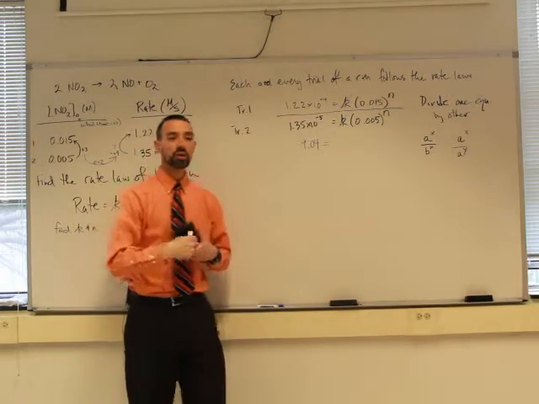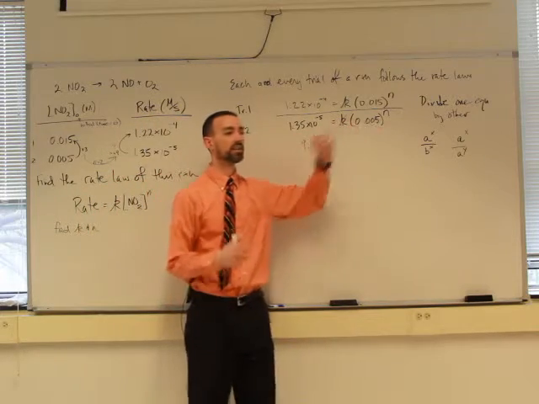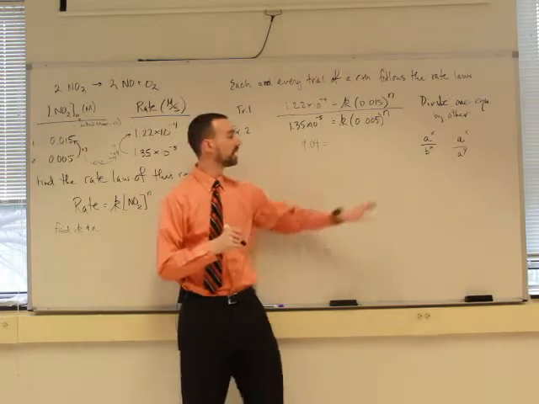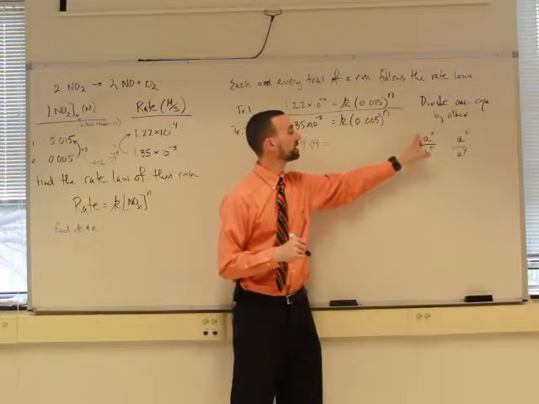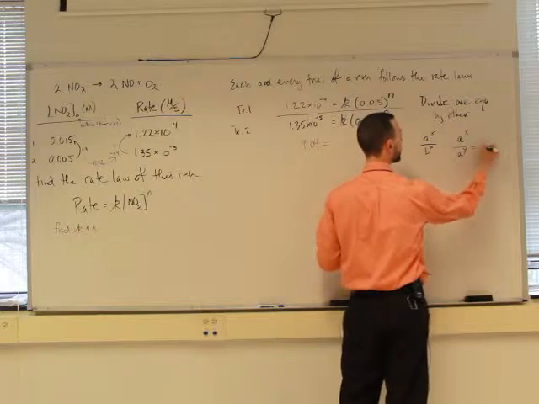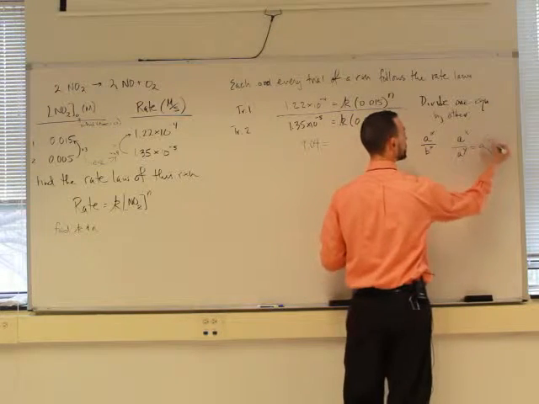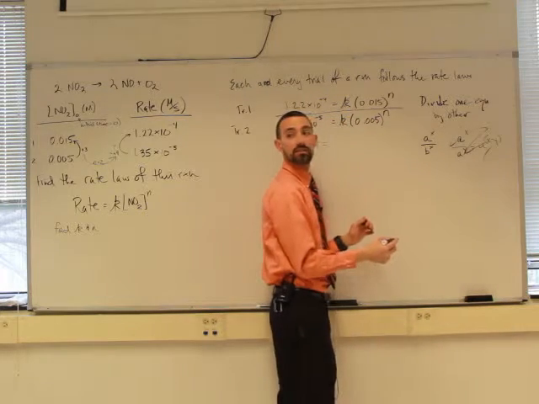Which rule do I need in this application? I need the first one. I have the same exponent but different bases. Okay? Now, this second one is a to the x minus y, but that's not what we're doing right now.